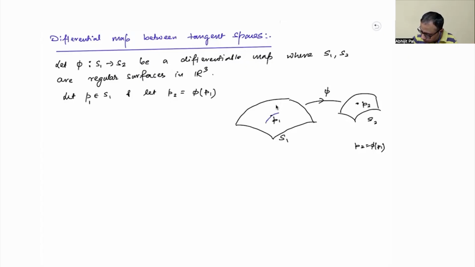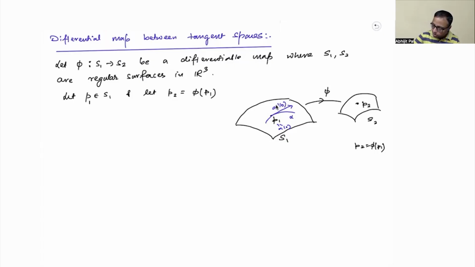So you take this curve. Suppose this is my alpha. So alpha of 0 is equal to P1 and you take this tangent vector of this alpha at the point 0. Okay, so this is my tangent vector alpha prime 0.